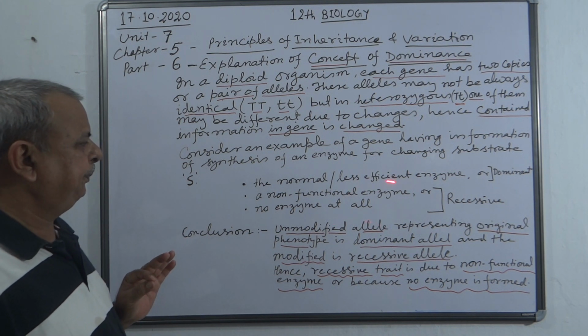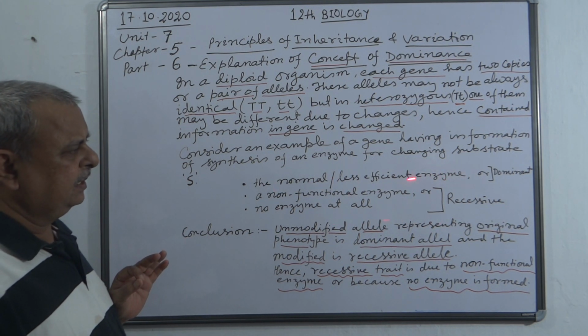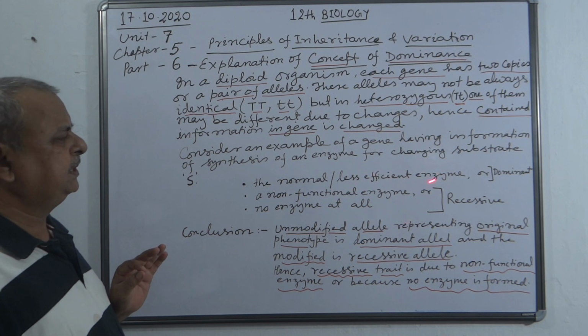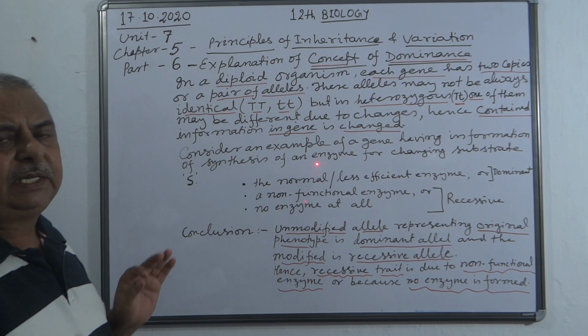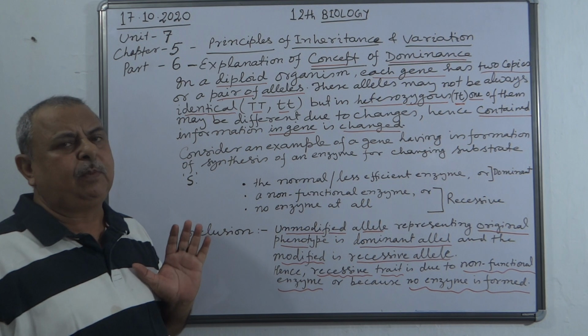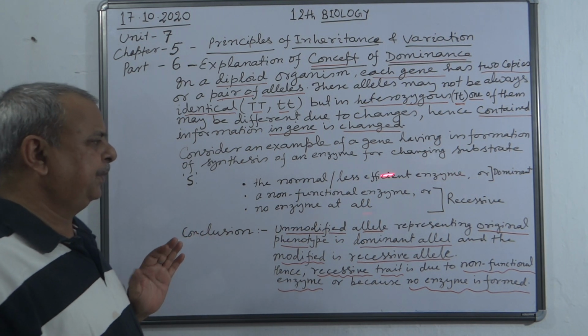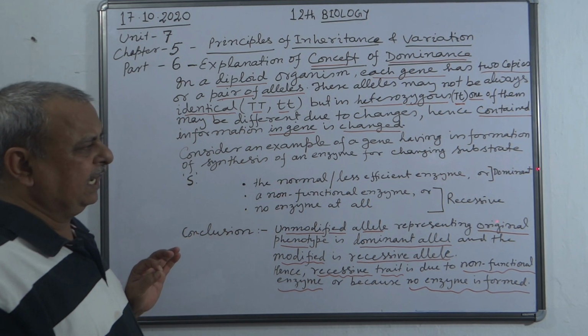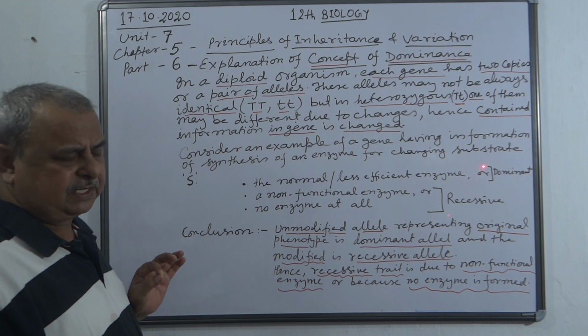What happens in the first case? The less efficient or normal enzyme regulates the normal phenotype, and therefore this is dominant, or is expressed.